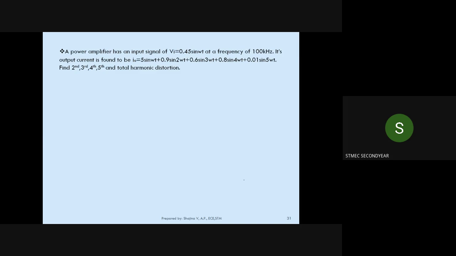And its output current is found to be 5 sin omega t plus 0.9 sin 2 omega t plus 0.6 sin 3 omega t plus, sorry, it is 0.3, the harmonic component amplitude is 0.3, 0.3 sin 4 omega t plus 0.01 sin 5 omega t.